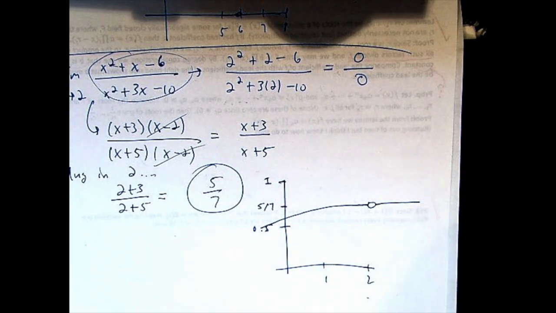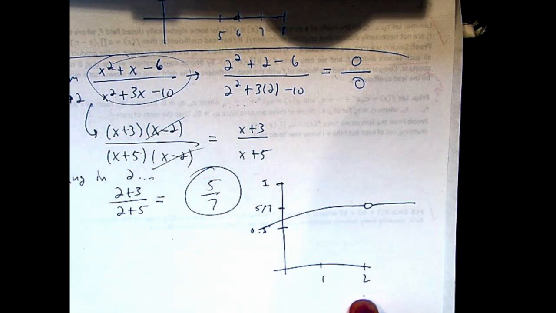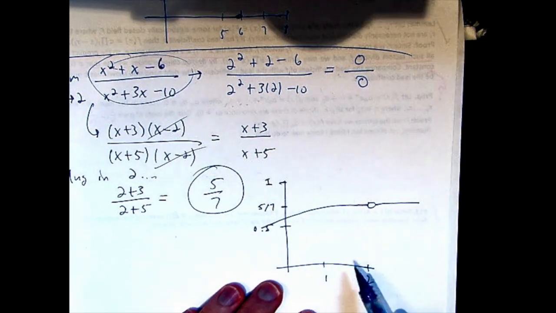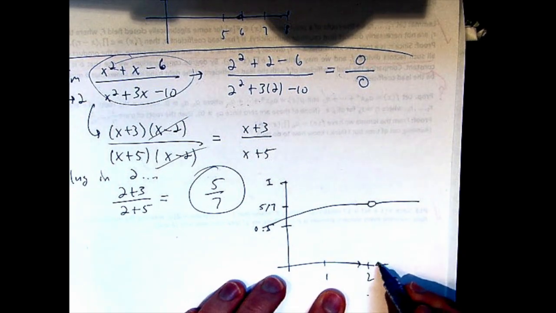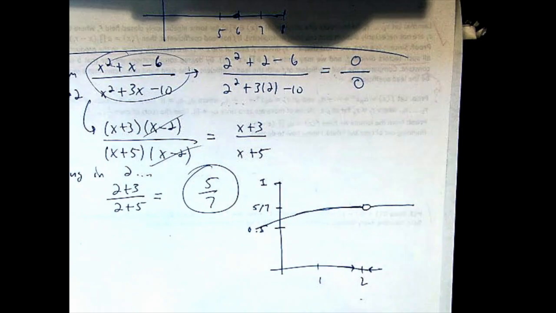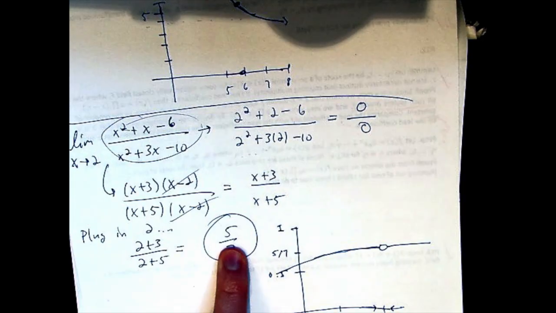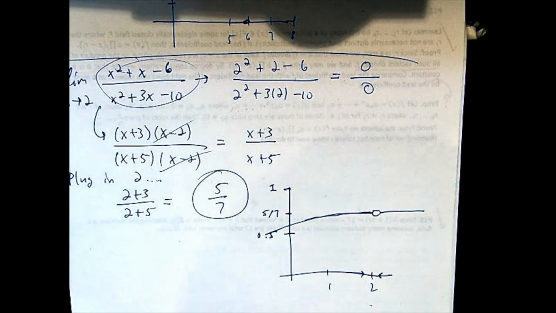But nevertheless, we can see, even though the function isn't defined at 2, the limit as x approaches 2 is defined. We can see that as x approaches 2, as you get close to 2, either from the left or from the right, the value of the function is getting very close to 5/7. So you can just confirm on Desmos that this limit we obtained algebraically is in fact the same thing as you would get if you did it graphically.